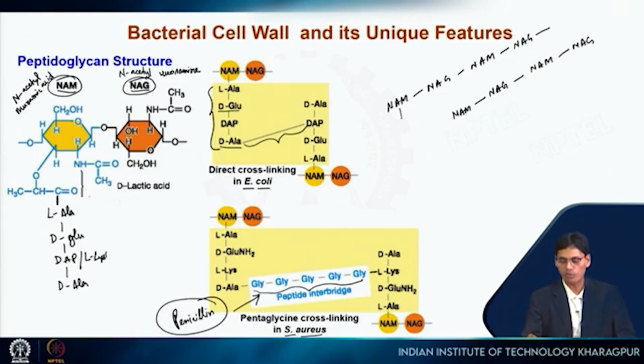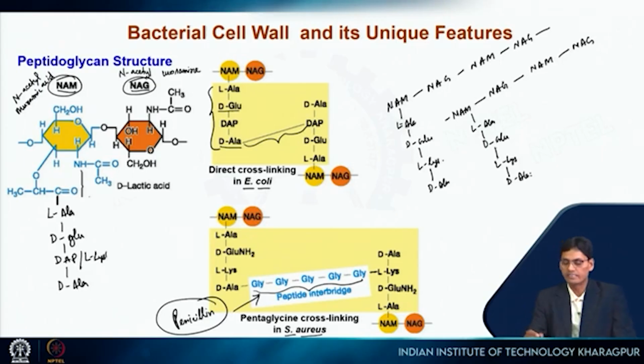Now from NAM, we have L-alanine, then D-glutamic acid, then L-lysine, and D-alanine. Similarly, from this other N-acetylmuramic acid you have the same peptide: L-alanine, D-glutamic acid, L-lysine and D-alanine.